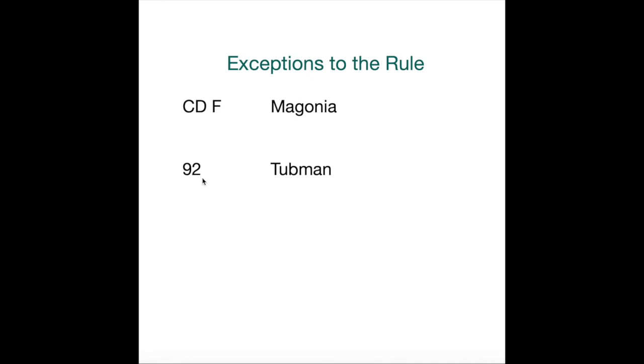For biographies, instead of having the author who wrote the biography about the person, the second part is the person who the book is about. So for example, 92 Tubman would be a biography about Harriet Tubman. Otherwise, you can pretty much assume that the second part of a call number is the author's last name.